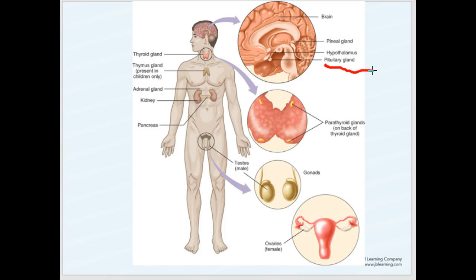The pituitary gland has several hormones that it'll release to stimulate the glands of the body. So the hypothalamus is the regulator of the pituitary. The pituitary sends hormones out to regulate the glands of the body. So it's a multi-step process.